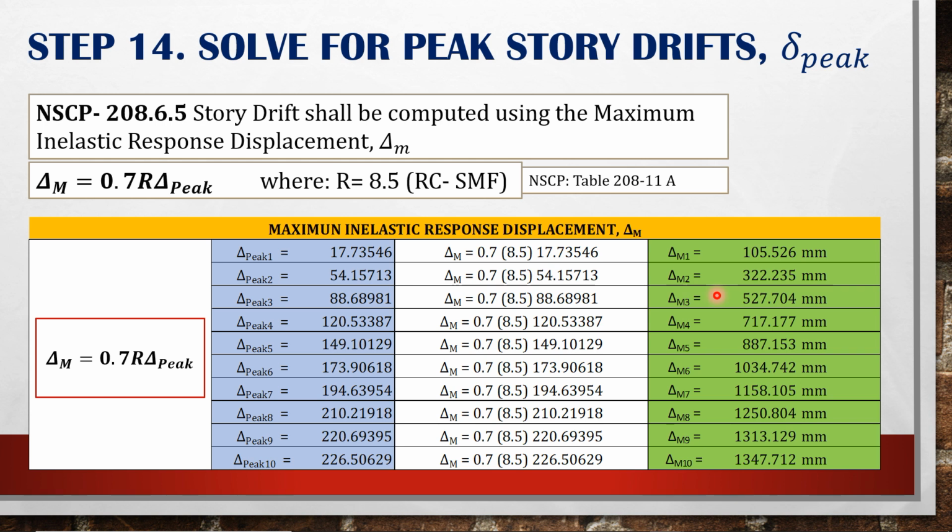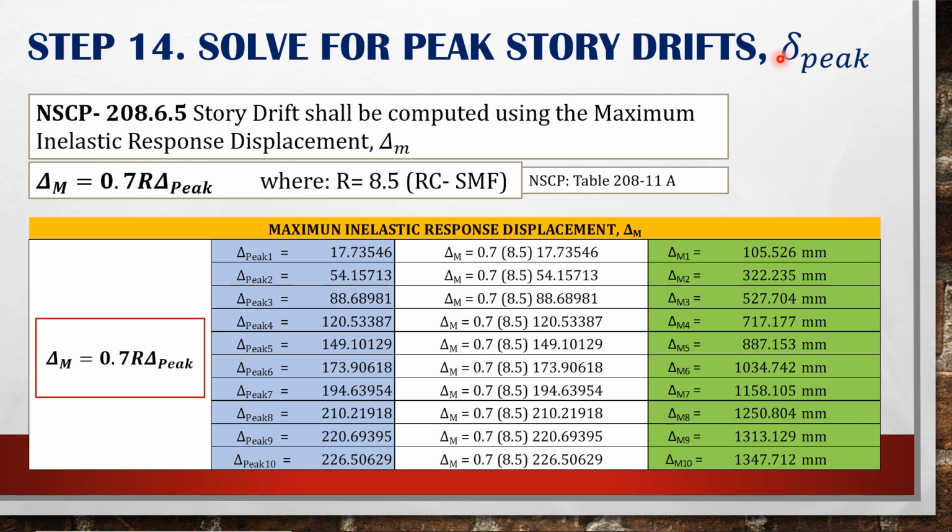For delta M10 is equals to 1347.712 mm. So ito na yung mga maximum inelastic response displacement natin. At gagamitin natin ito para ma-solve natin itong peak story drift, no? So sa next step natin yan.